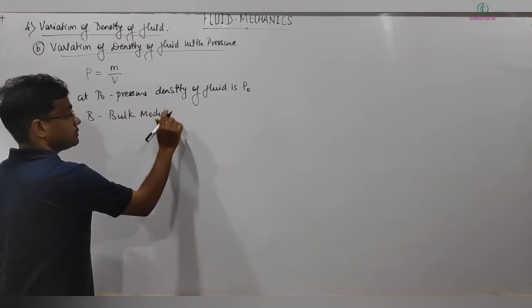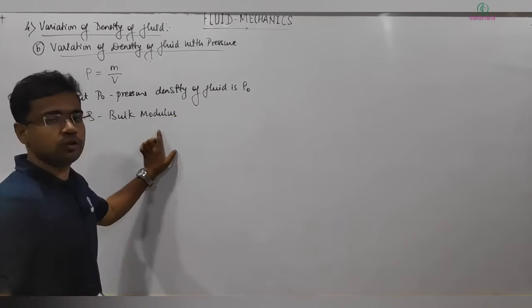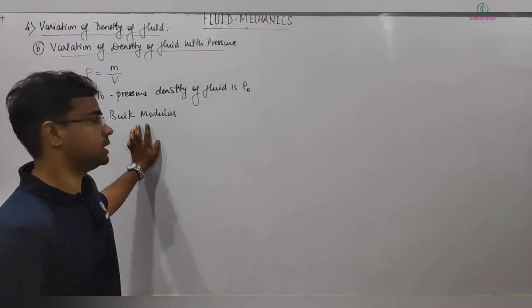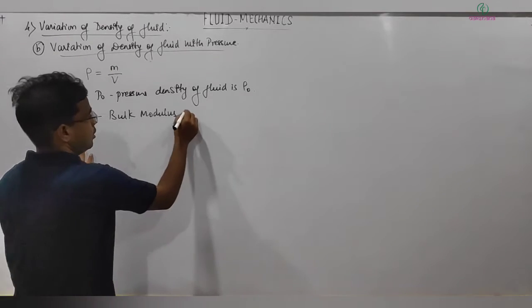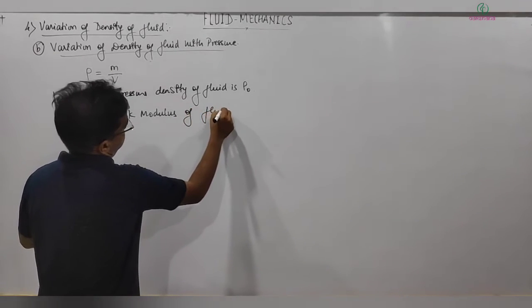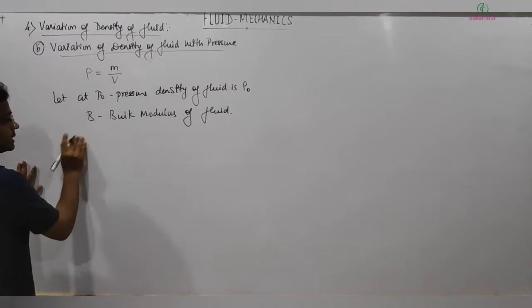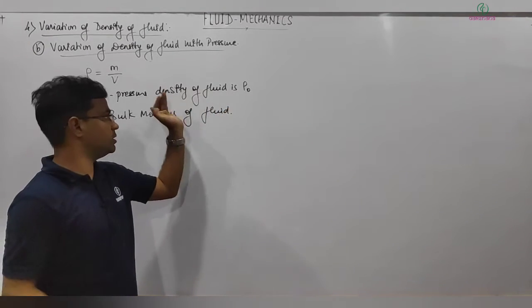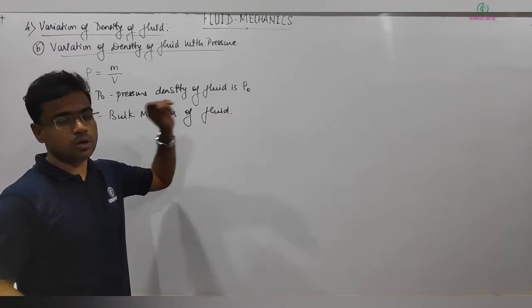If you are not familiar with this term, then you will be taught this in the elasticity chapter again. Bulk modulus of fluid. So here it's related. Let's say P naught is the pressure and the corresponding density is rho naught.